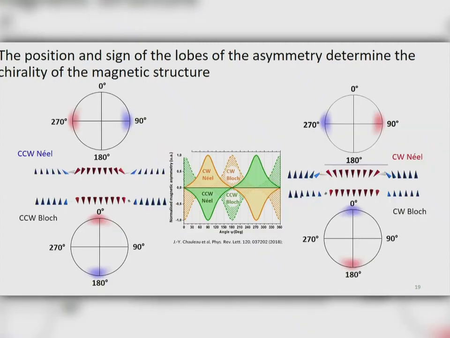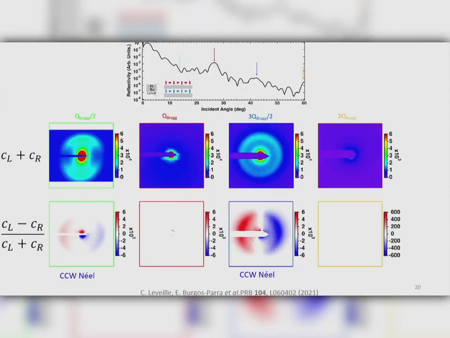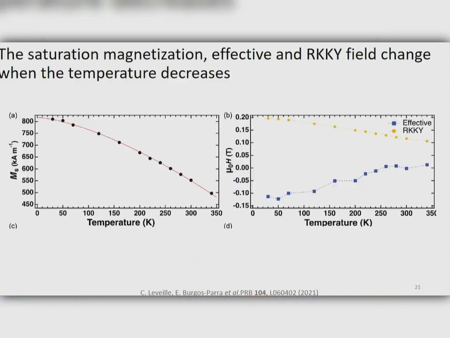Depending on the position and the sign of the lobes, regarding the k vector of the X-ray, you can tell if you have a Néel or a Bloch wall and if it's clockwise or counterclockwise. So when we do this analysis in our sample, we can see that the layers that produce a constructive interference are clockwise and counterclockwise Néel spin spirals in this case.